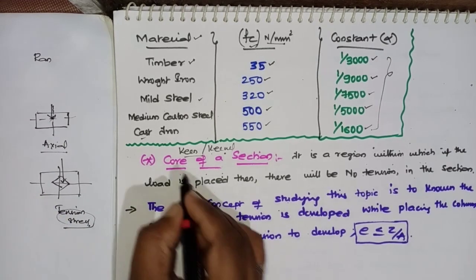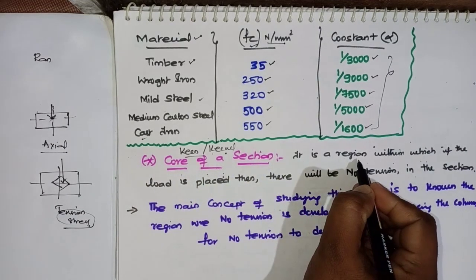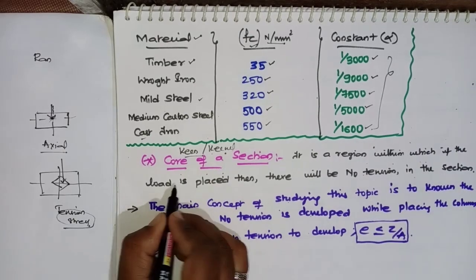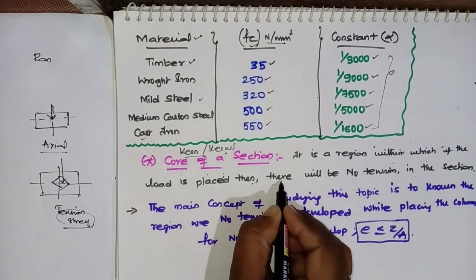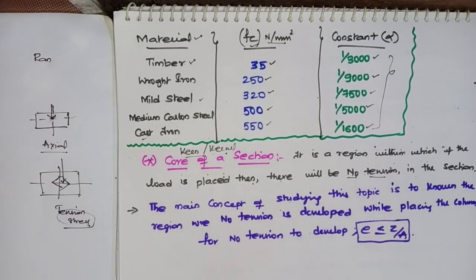So the core of the section is a region within which, if the load is placed, there will be no tension in the section. Why are we supposed to study this?